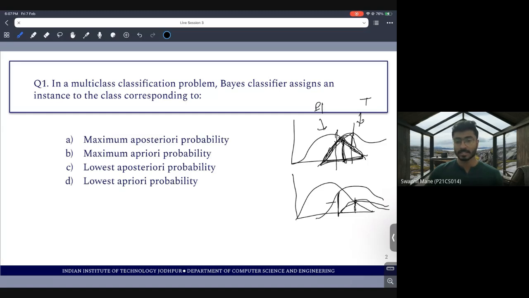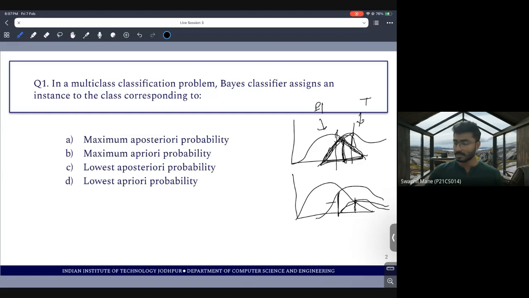Class means, in the overall collection of fish, how many are hilsa fish: the probability of the hilsa fish and the probability of the tuna fish. This a priori probability is multiplied with the class conditional probability, and then we get another probability.